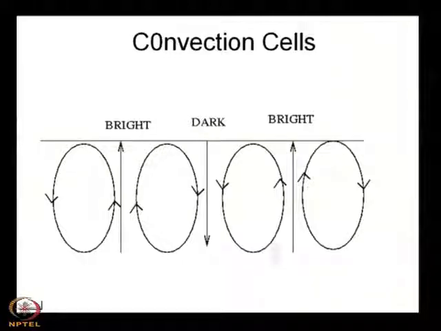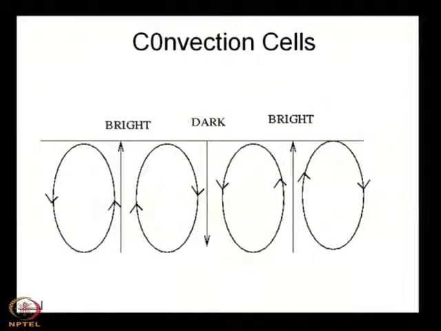Now, when you have such convection cells, just look at this region over here. In this region there is hot fluid coming up, and then it radiates the energy over here and it gets cooled, and then in this region you have cool fluid going down.